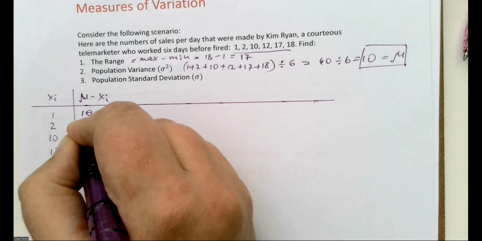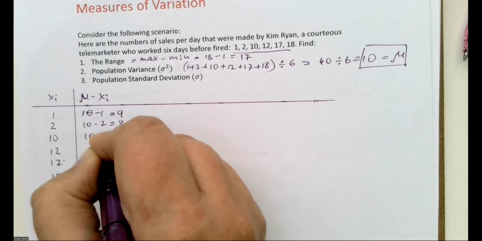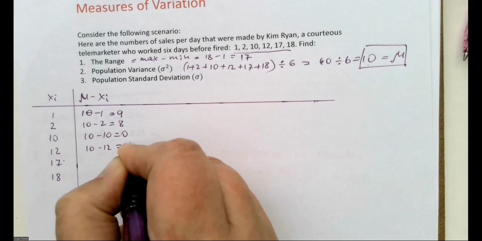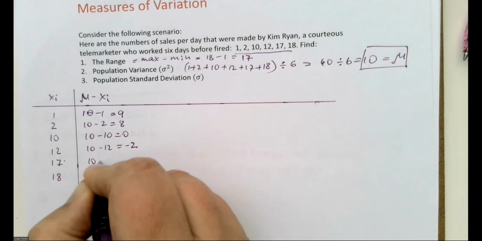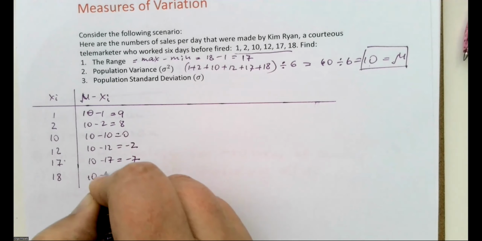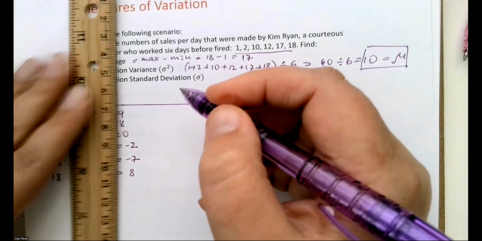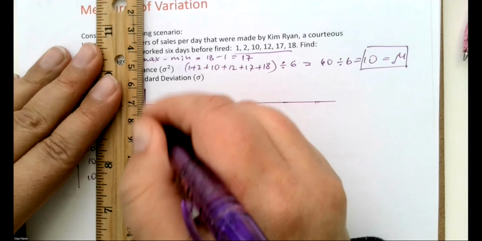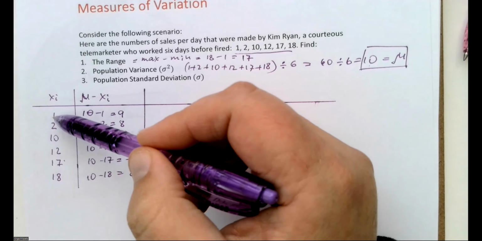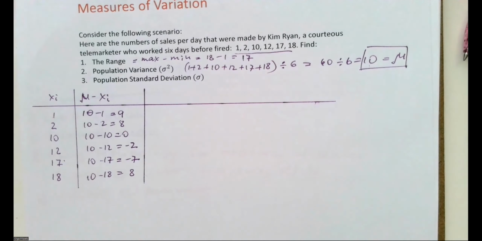The next one is 10 minus 2, that's an 8. 10 minus 10 is a 0. 10 minus 12 is a negative 2. 10 minus 17 is a negative 7. And 10 minus 18 is a negative 8. So those are my distances of each of those values from the center, from the mean.